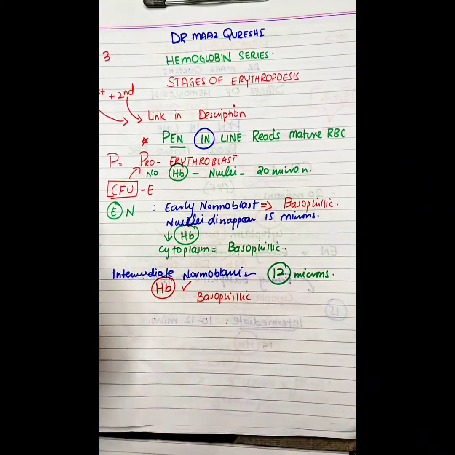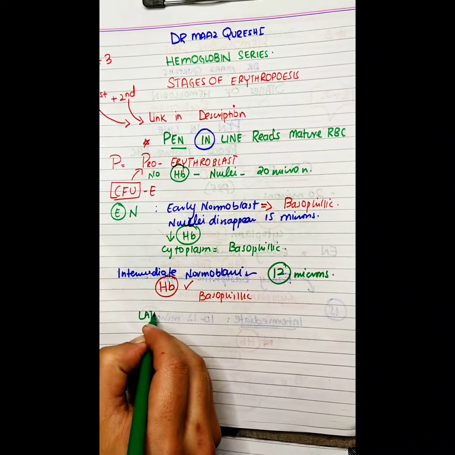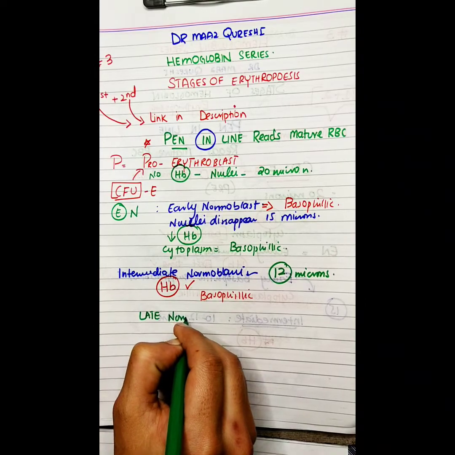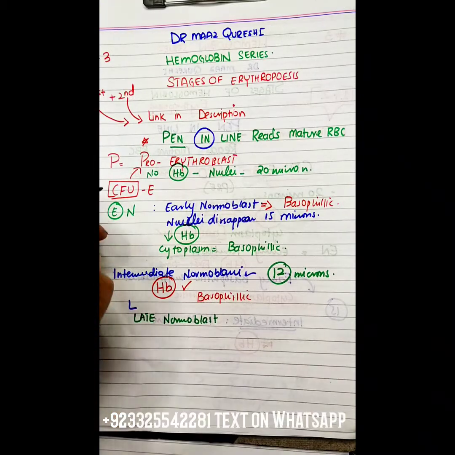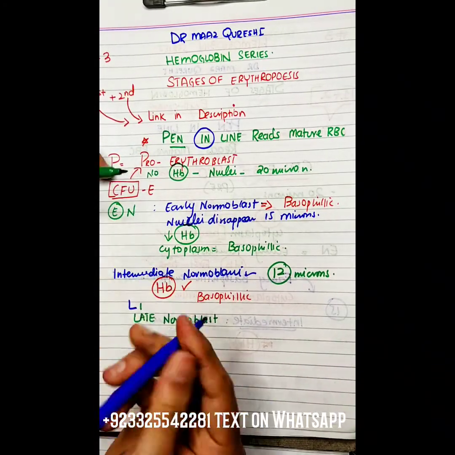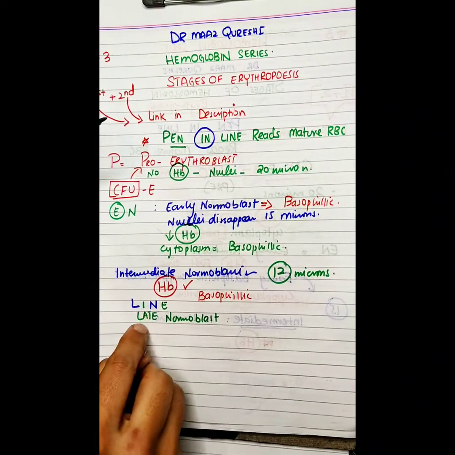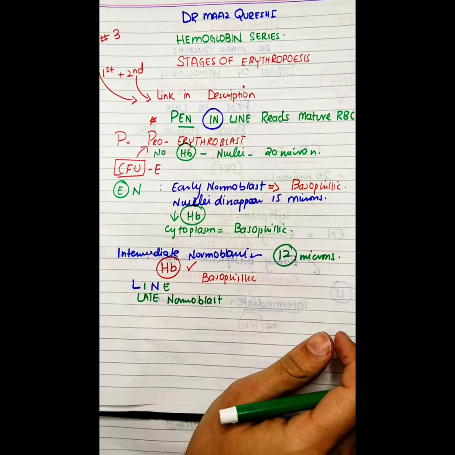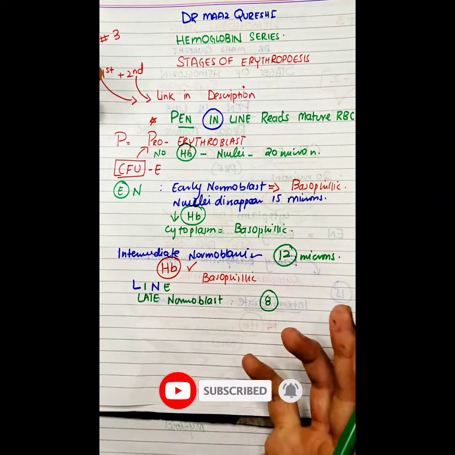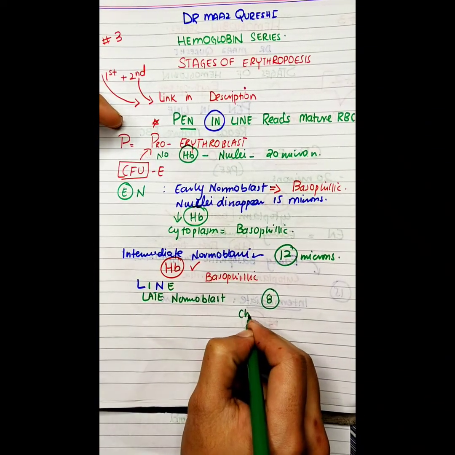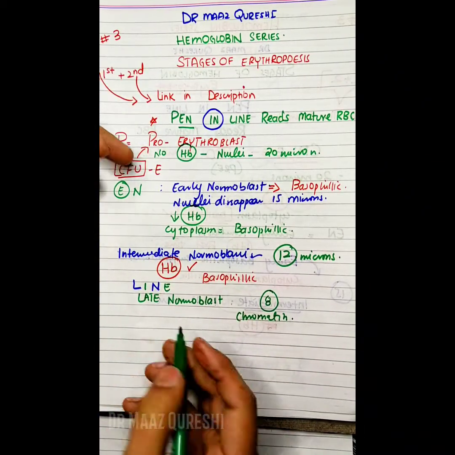Now comes the next part, which is your late normoblast. I can see L, I, and then your N. So the L and N, late normoblast. Now it is condensed to almost 8 microns because of the condensation of the chromatin material, and the quantity of hemoglobin increases.